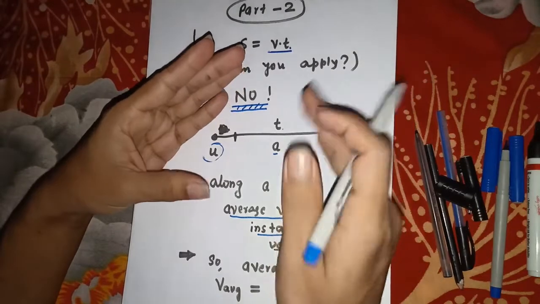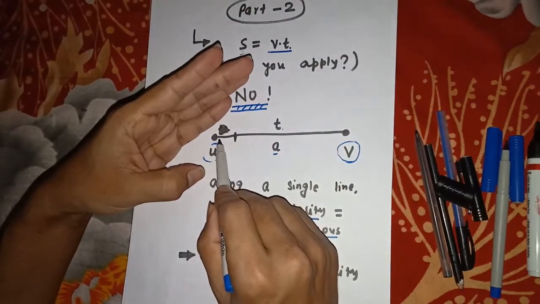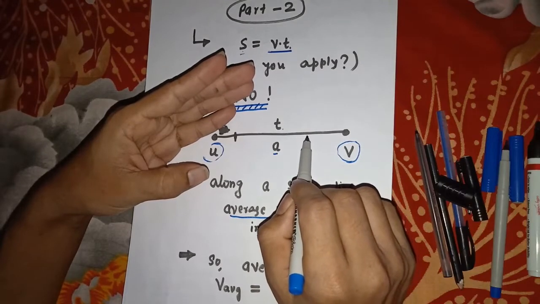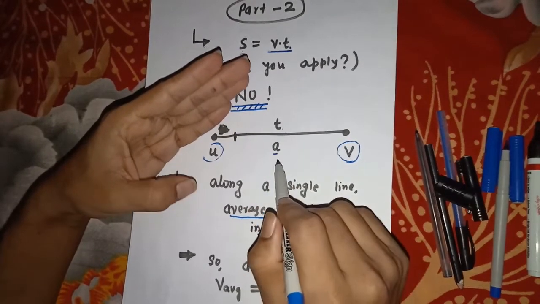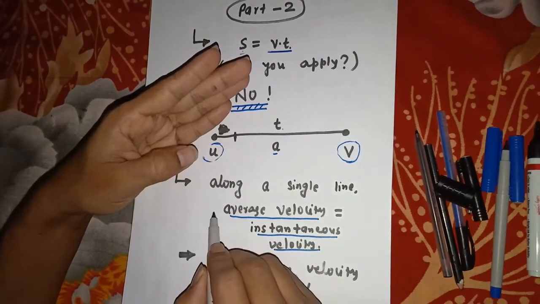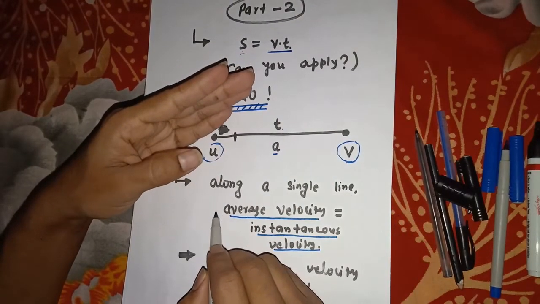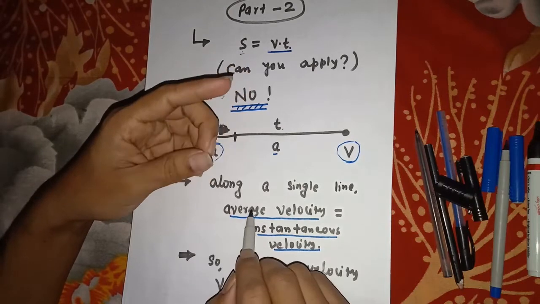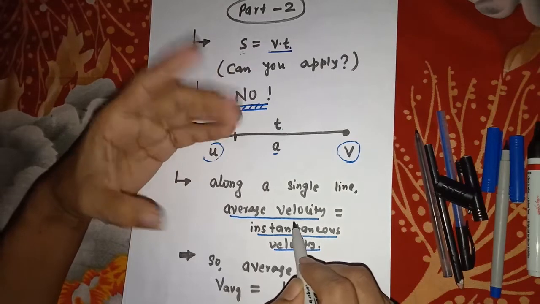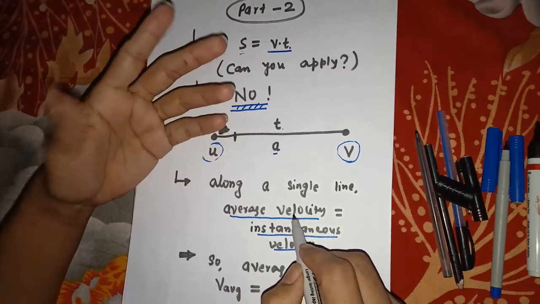Here the motion is in a straight line without changing its direction, so speed is the same as velocity. That's why we can intuitively say that average velocity can be treated as instantaneous velocity.